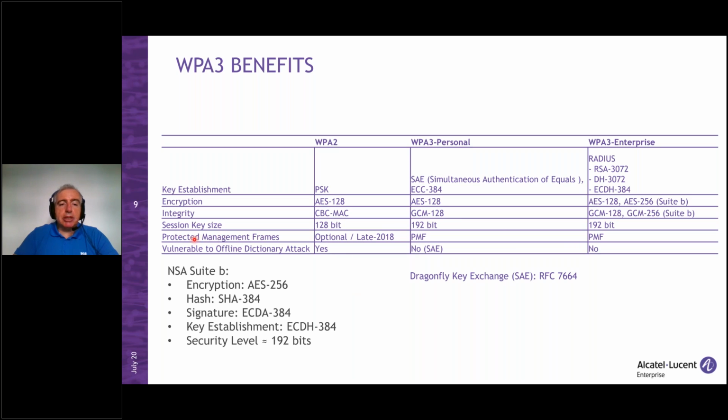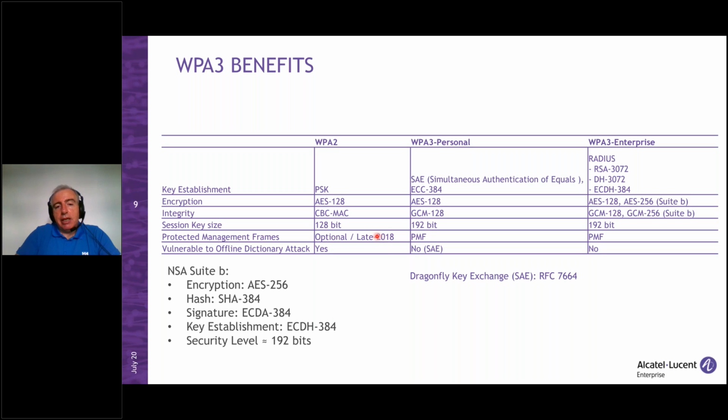And protected management frames. This is very important for our space in wireless LAN, because in WPA2 it was optional. So all the information we exchange, these management frames, were in clear, so it was very easy to get information. Probably not the most relevant information, but I'm getting information. If I capture enough, I can do something with it.